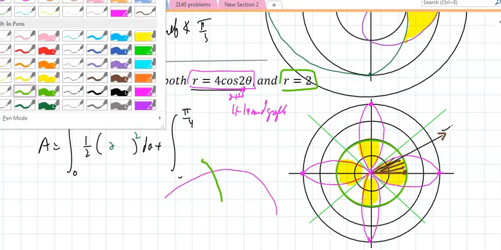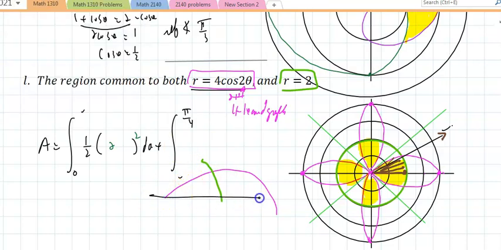And when I'm talking about the area inside of both, there's a portion of the graph that really runs to the purple. And that's where I put 1/2, and the purple, or the pink, is 4 cosine of 2 theta. And that's going to run to pi over 4.